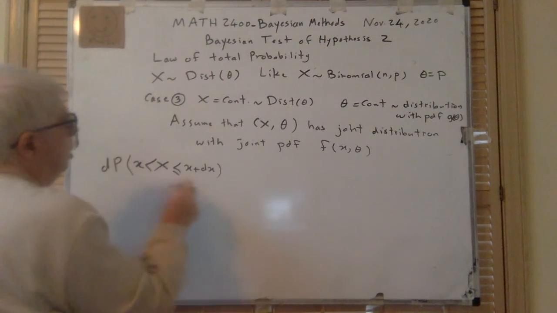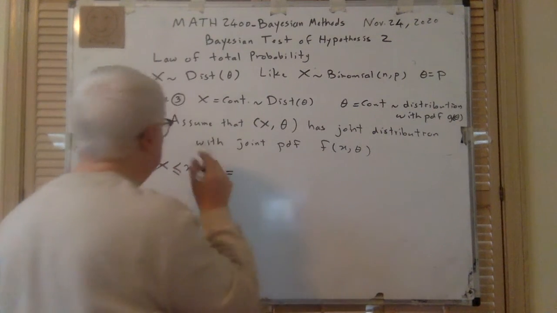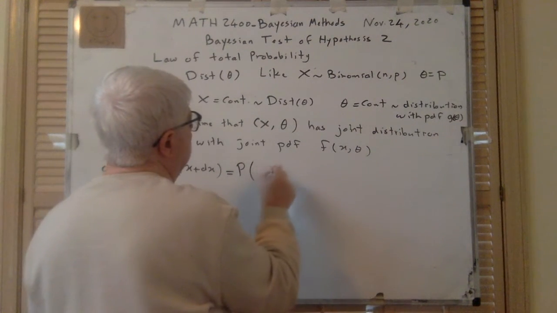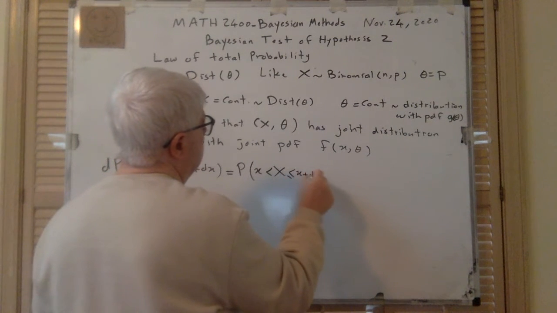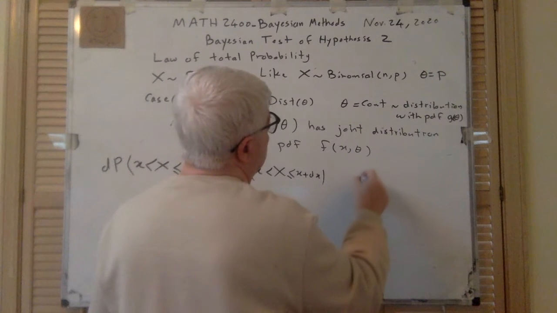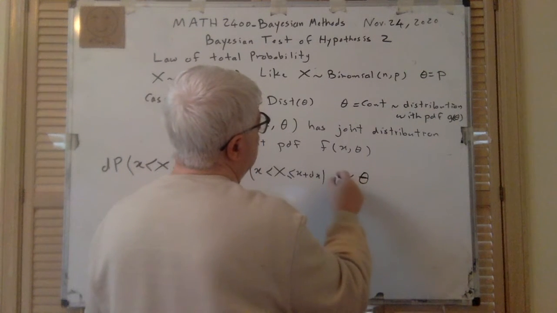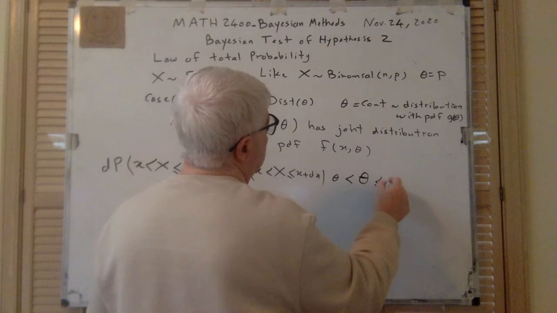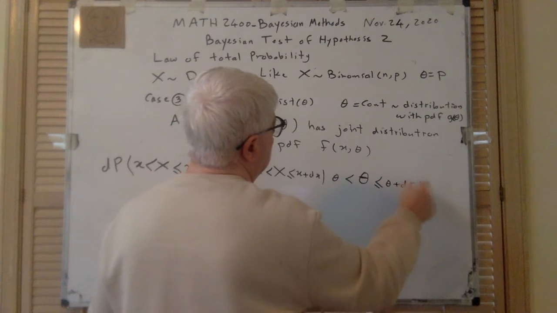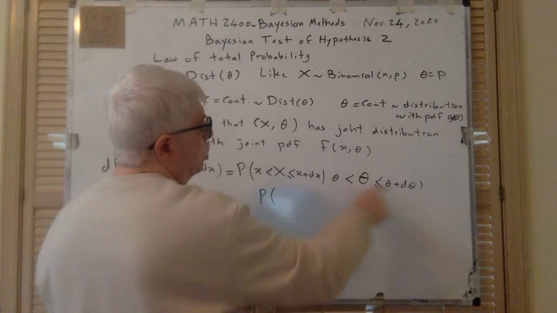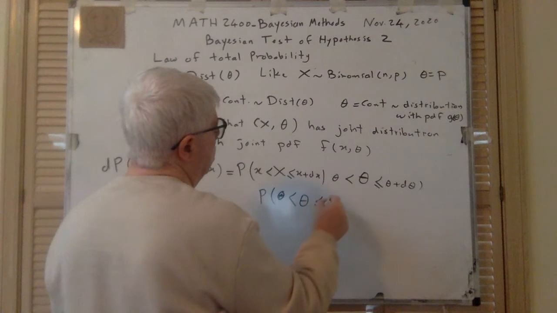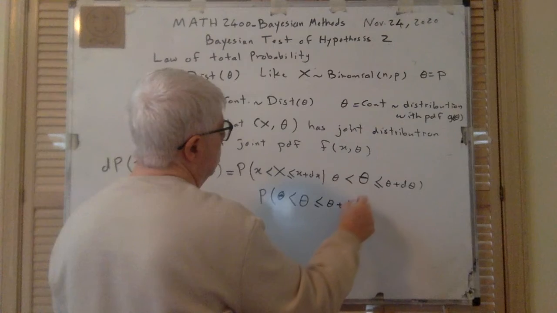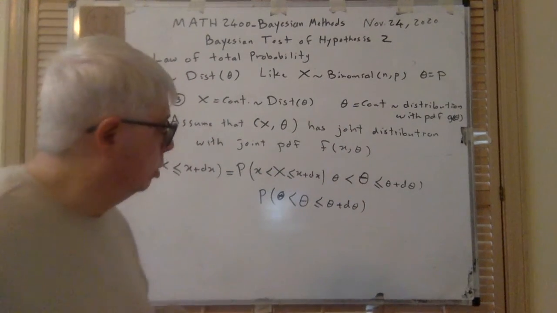So let's write dP, and that is P of X between x and x plus dx, given that capital Theta is between theta and theta plus d theta, times P of capital Theta between theta and theta plus d theta.